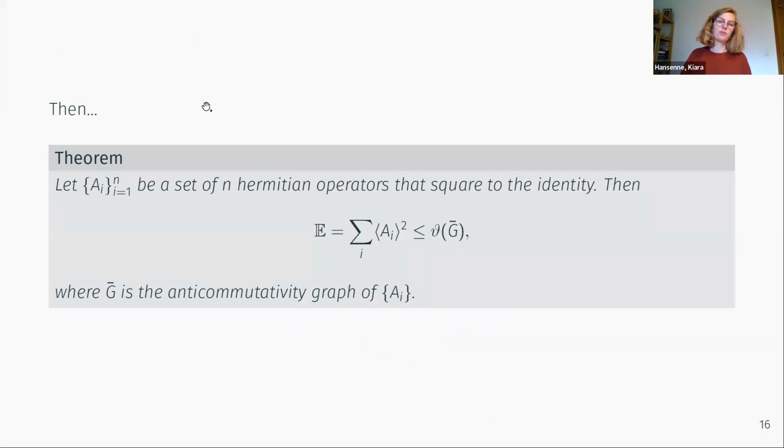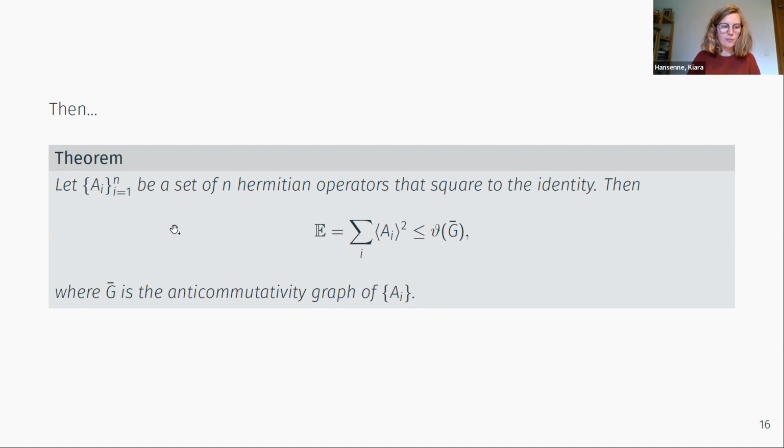Okay, well then, once we've defined that, what we have shown is that if you take a set of Hermitian operators that square to identity, which I said already before, but we restrict ourselves to observables that square to identity, meaning they can only have eigenvalues plus or minus 1. Well, then the sum of the square of the expectation values is upper bounded by the Lovász number of the anti-commutativity graph of our set of observables.